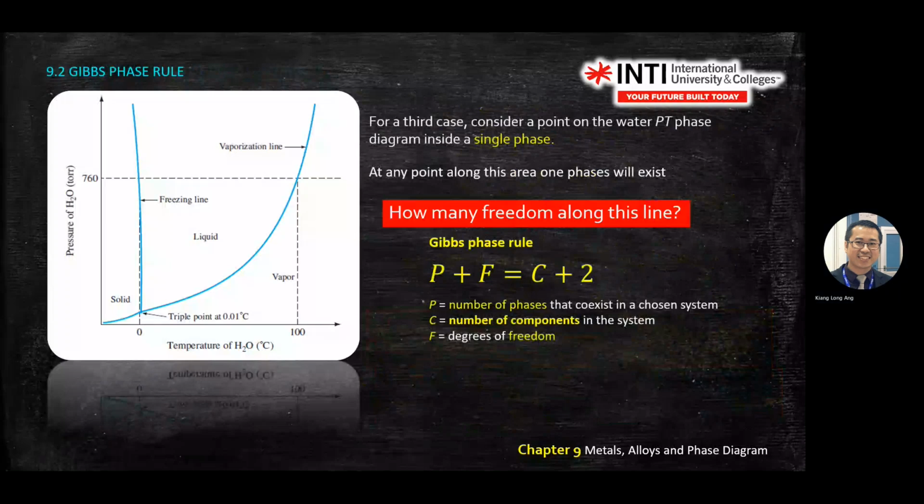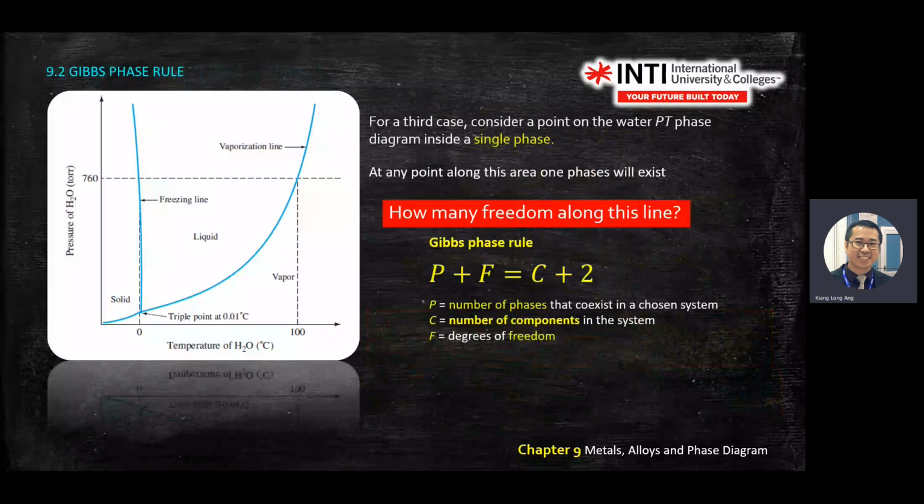C is 1, 1 plus 2 is 3, then phase is 1, so freedom is 2, not 3. What does freedom mean? Freedom means how many parameters you can play with to get that particular phase. For example, to get solid, you can play with a range of temperature and a range of pressure to get any point in this area. Same with liquid, and same with vapor.